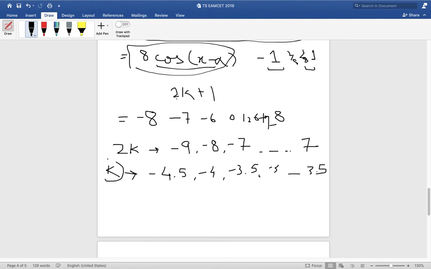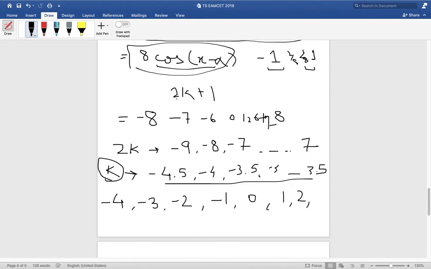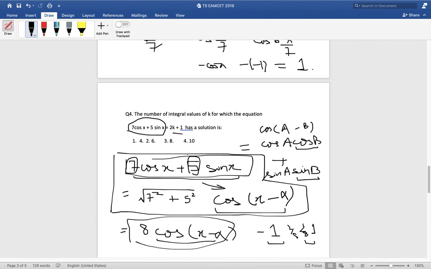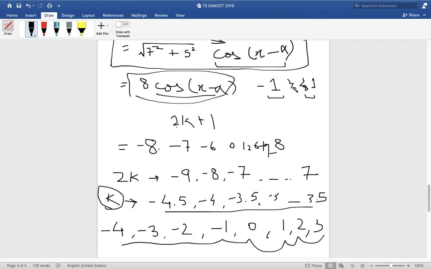But k can only be an integral value. So how many integers are there in this? Let us count. -4, -3, -2, -1, 0, 1, 2, 3. So how many is there? 1, 2, 3, 4, 5, 6, 7, 8. 8 values. So this is the answer.